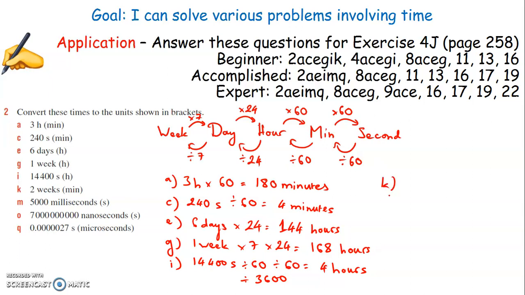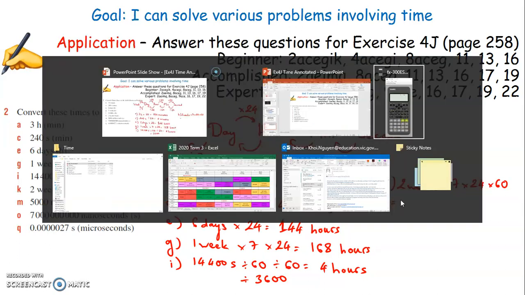Next is K. For K, we want to go from weeks to minutes. So we have to go from week to day, times by 7, then day to hours, times by 24, then hour to minutes. Now, I don't think I can do this in my head, so I'm going to bring up my trusty calculator.